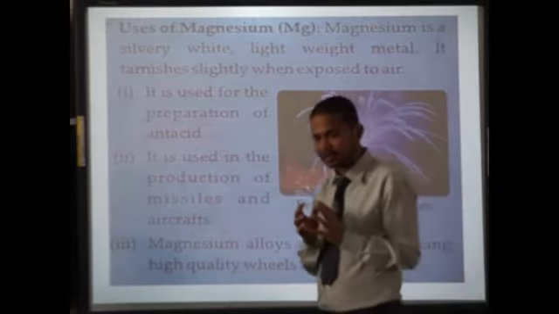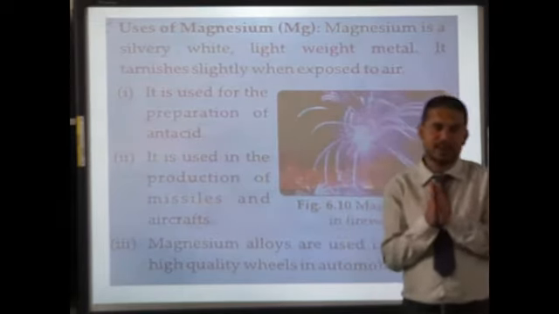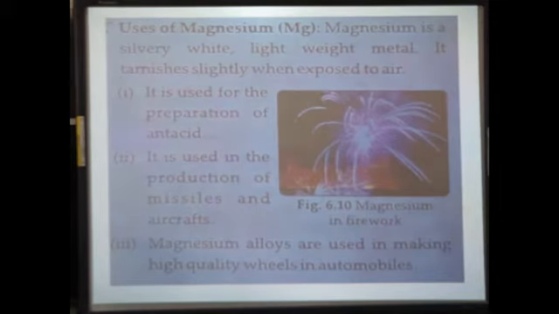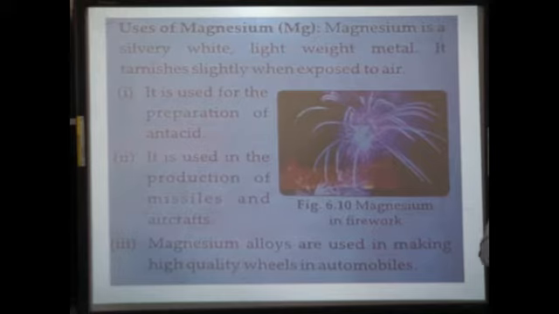When exposed to air, its silvery white color turns somewhat yellow because of oxidation, because magnesium reacts with the oxygen present in air. So oxide is formed, and because of this oxide, it tarnishes slightly. Otherwise, if you remove this outer layer, you can see the silvery white color.